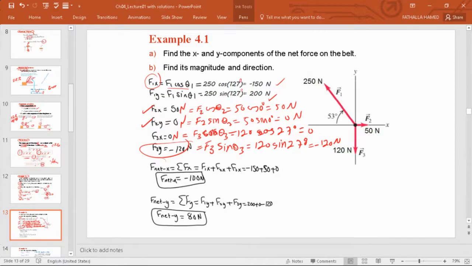So if you look at the x component of the net force, it equals the summation of all the x components, which is F1x plus F2x plus F3x, which is minus 150 plus 50 plus 0, and that will give you minus 100 newtons.